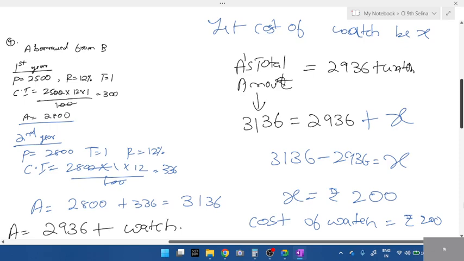Understood? So this is how they'll ask you, students. We need to find 2 years. They'll tell 2 years plus a watch is given. I mean 2936 plus watch.